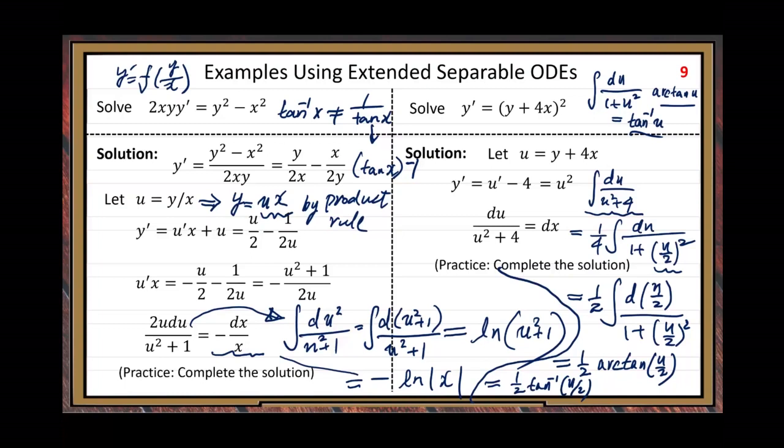And we know u equals y plus 4x. So the final solution, we write y equals 2 tangent of 2x plus 2c, minus 4x. But there is one more step, just to improve it slightly.